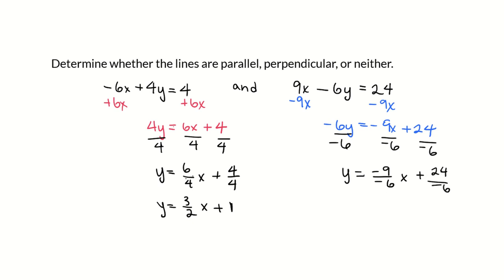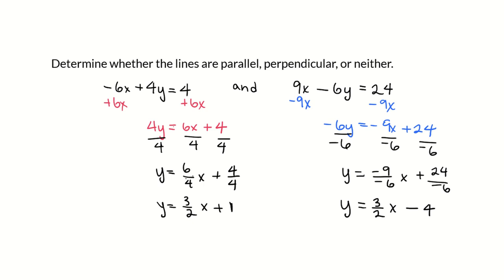This simplifies: -3 divides into the numerator and denominator. So that simplifies to 3/2 x, and then 24 divided by -6 is -4, so -4. So these are our two equations, y equals 3/2 x plus 1 and y equals 3/2 x minus 4.